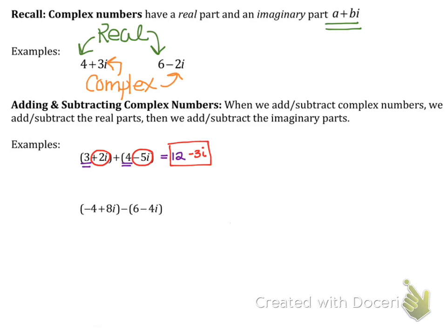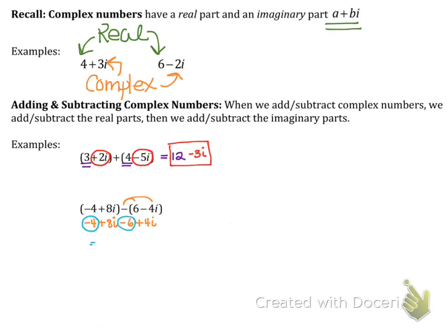All right, now at the bottom, be careful. The first thing we have to do, since it is subtracting a whole binomial, is distribute that negative. So the first thing I'm going to write is it properly distributed. So negative 4 plus 8i minus 6 plus 4i. Now we're going to identify the real and imaginary parts. So my real part here is negative 4 and negative 6.